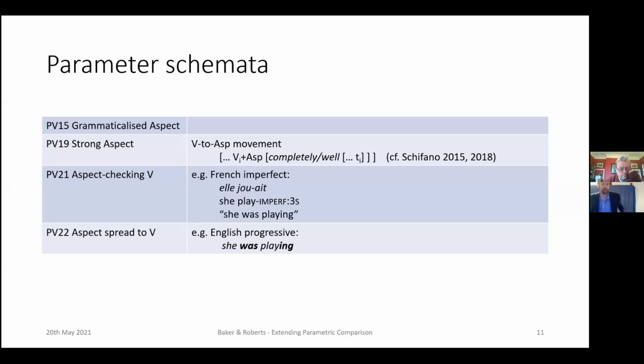So one of these is via aspect spread, which is what we see in periphrastic type constructions like the English progressive, which we have analysed as consisting of a particular aspectual auxiliary, in this case to be, accompanied by an inflection on the verb root itself. So the aspect is marked not just in the higher position higher up in the clause, but also marked lower down on the verb as well. So spreading from the higher position down into the verb itself.